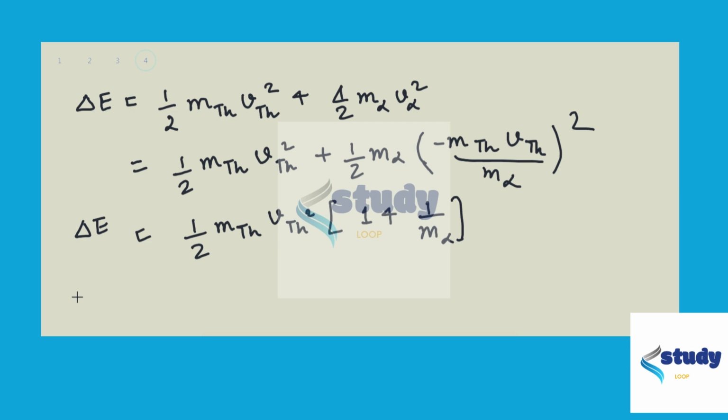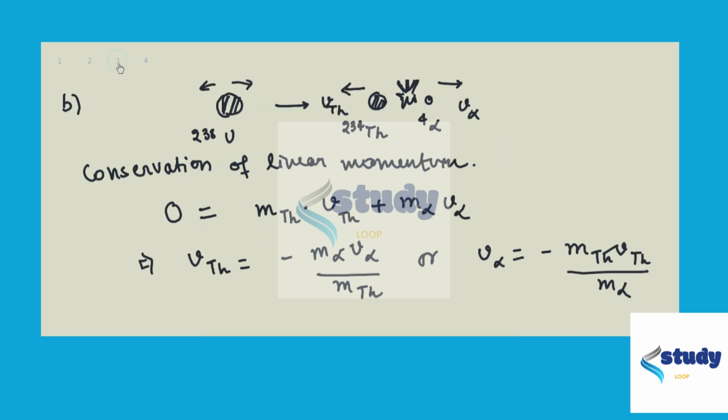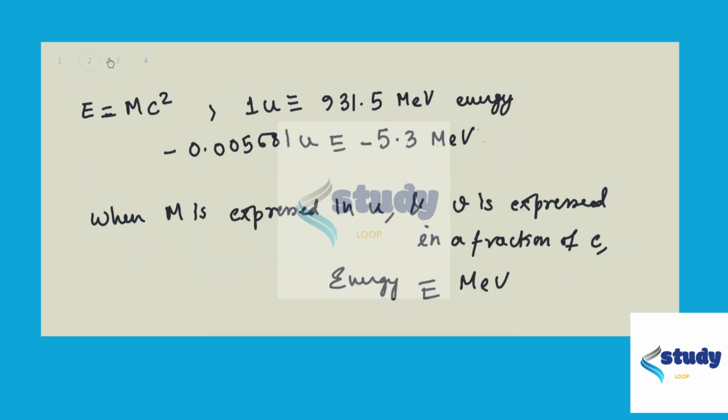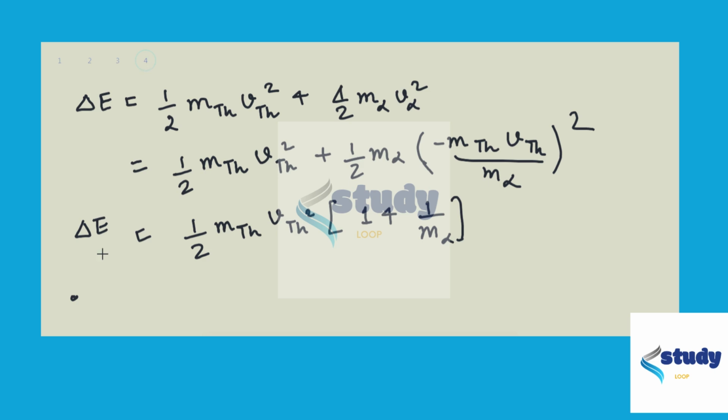Let's do the math here. How much was that? Minus 5.3. But take care of the negative sign now because you have a square here.